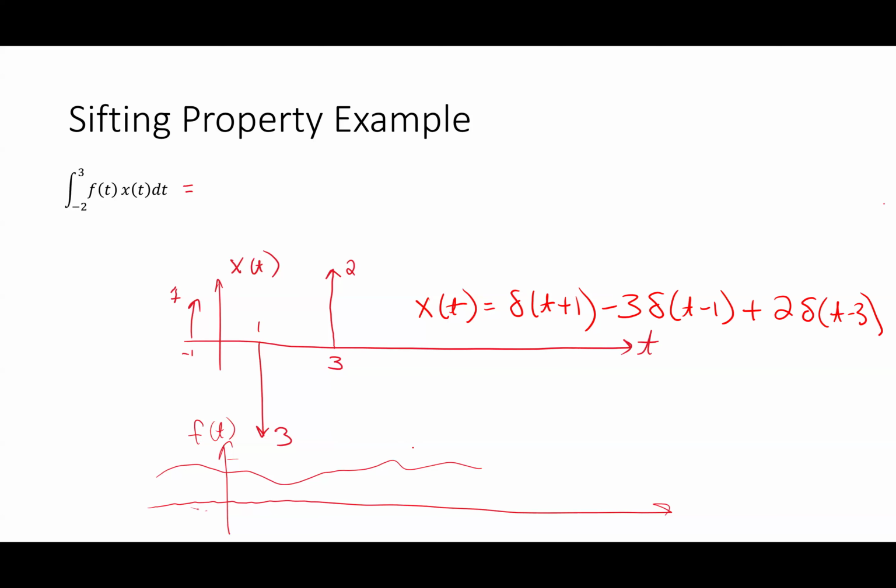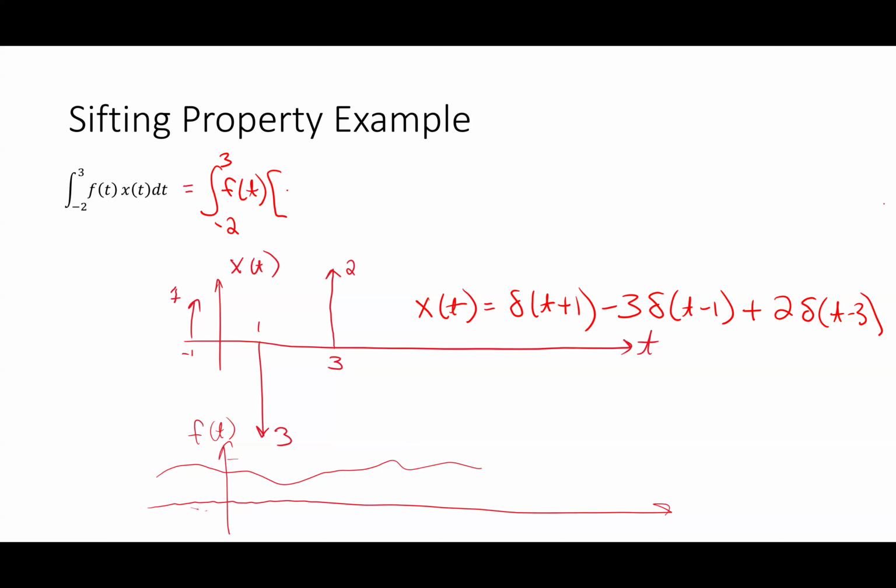And then f of t is whatever goofy function I just sketched out there. I don't really care so much about what the function looks like. I want to think about what the sifting property does here. The integral I wanted to calculate is from negative 2 to 3 of f of t times x of t.